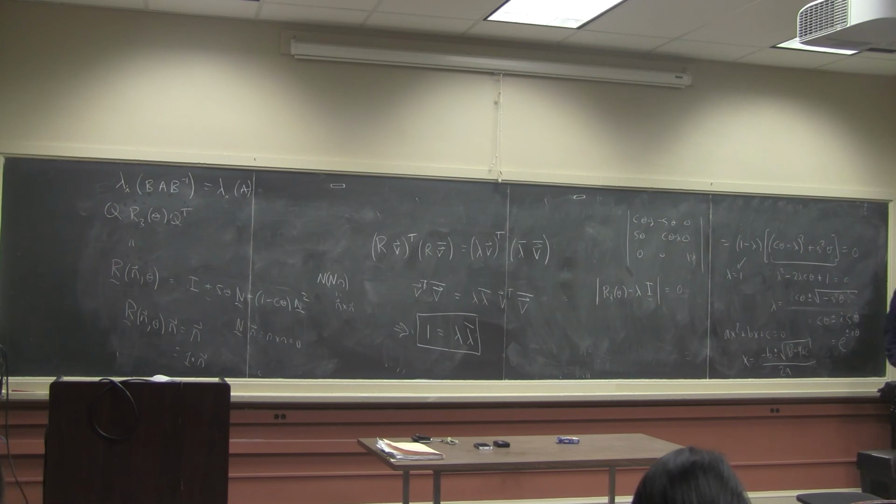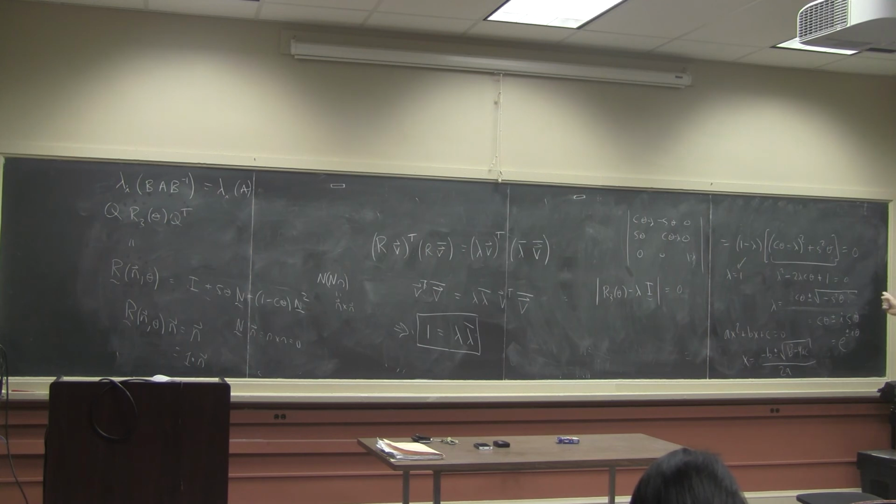Okay? So we have 3 eigenvalues for a rotation matrix in 3-dimensional space. The eigenvalue 1, the number 1, and e to the i theta and e to the negative i theta, where theta is not just some angle, it's the angle of rotation.